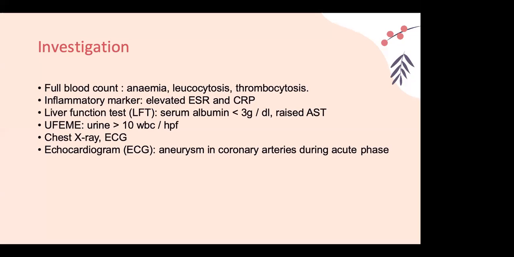For urinalysis, there will be pyuria. For echocardiogram, the most important investigation, we want to see if there is any aneurysm in the coronary artery during the acute phase, which is within 6 weeks. Next.